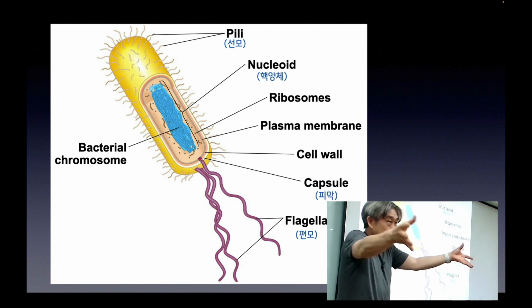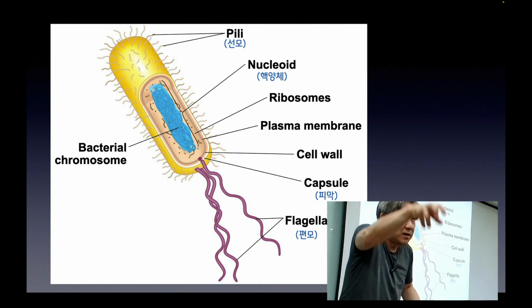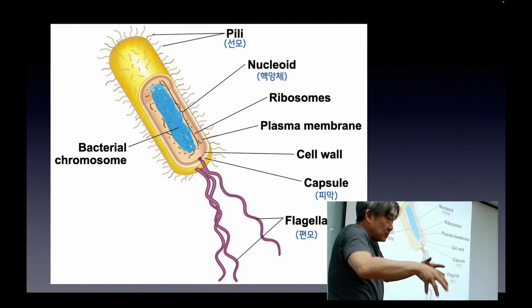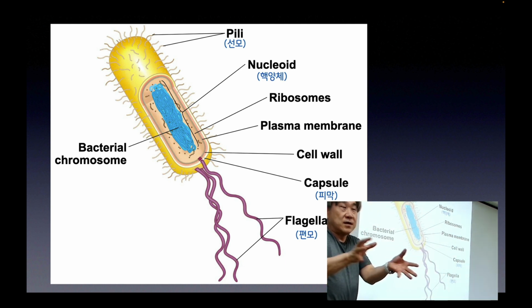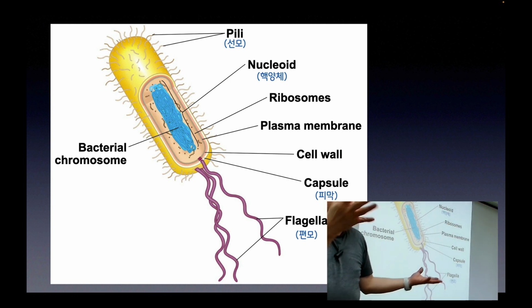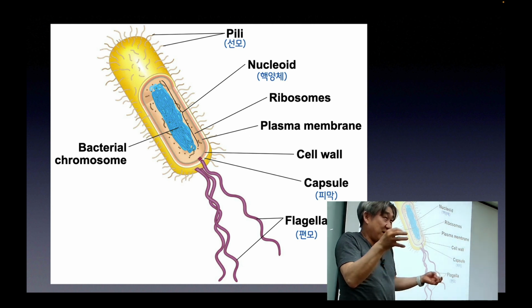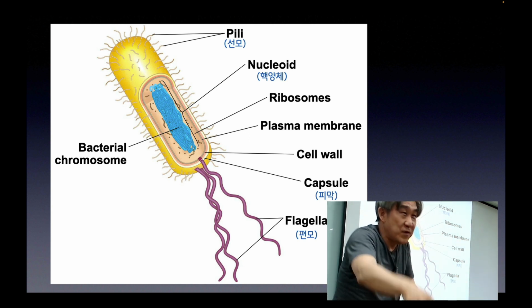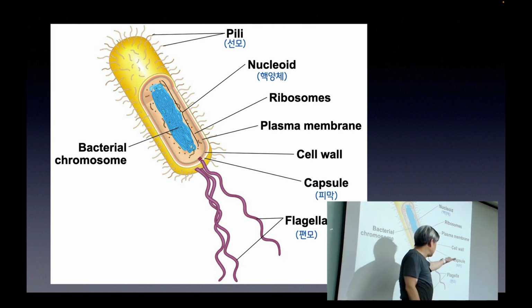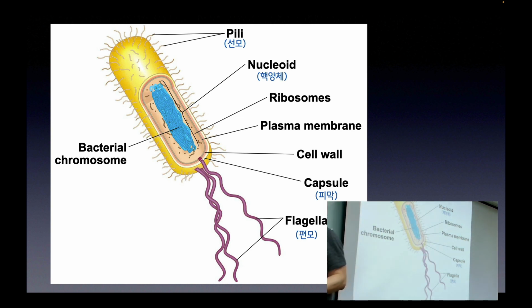Just like everybody has tried to pick those little dolls and stuffed animals in the booth. You do not really have much luck succeeding because you always lose the grip, just like that. So this capsule makes the grip so slippery, and that's how they can escape such an immune response.